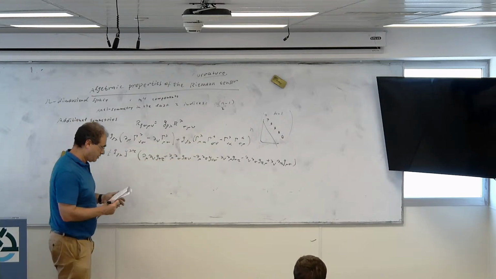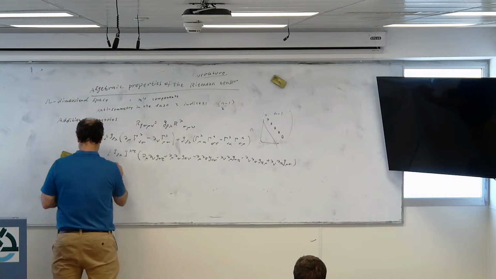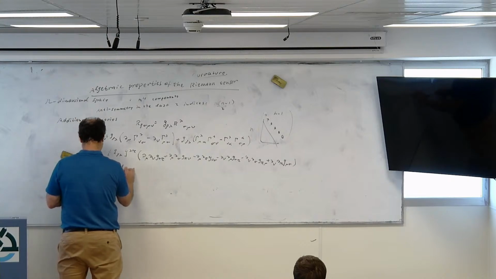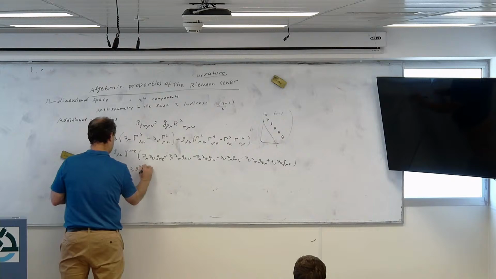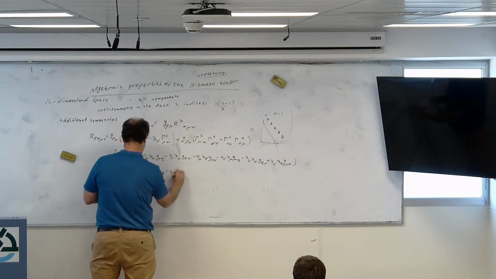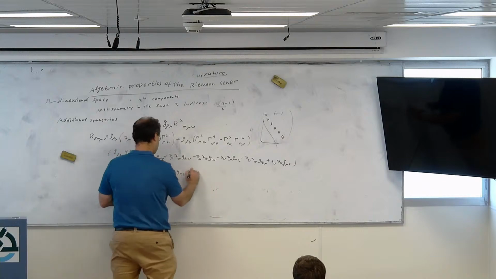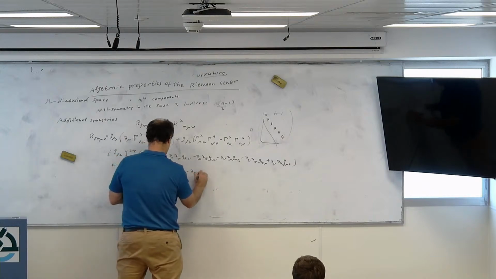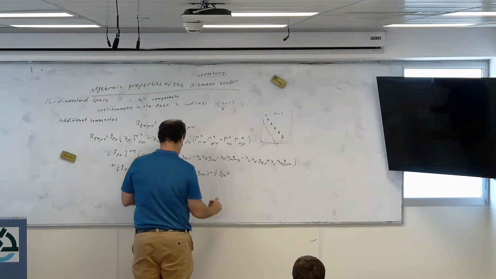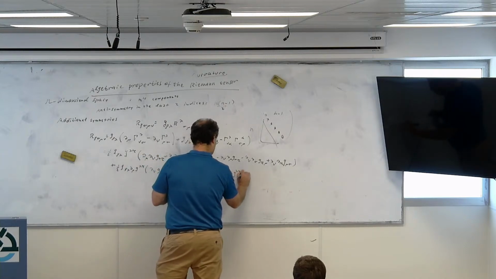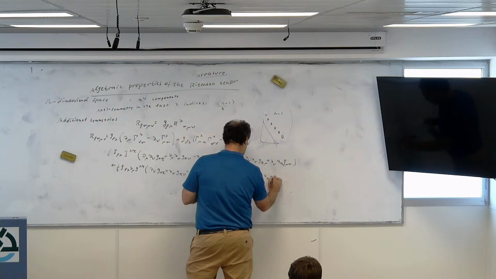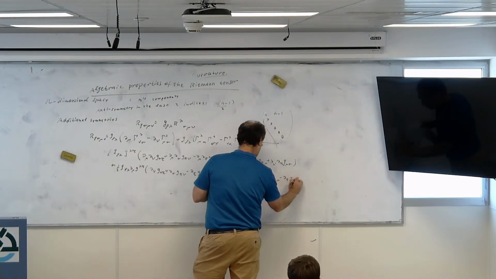Then I took the derivative inside. Plus now I take the derivative of the inverse G, so plus 1/2 G rho lambda d mu G lambda tau d nu G sigma tau plus d sigma G tau nu minus d tau G nu sigma, minus 1/2 G rho lambda d nu G lambda tau d mu G sigma tau plus d sigma G tau mu minus d tau G mu sigma.